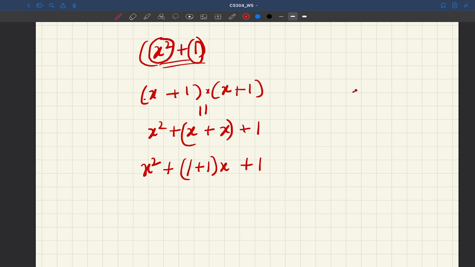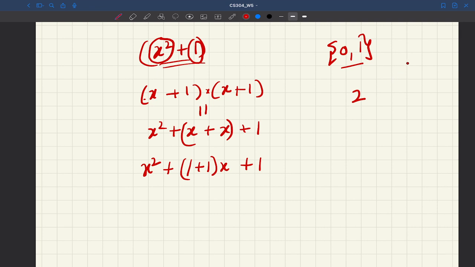Because 2 does not belong to the set {0, 1} over which the coefficients of my polynomials are defined. But here I am getting 2, so what to do? Whenever you get a number beyond your scope, you take modulo.